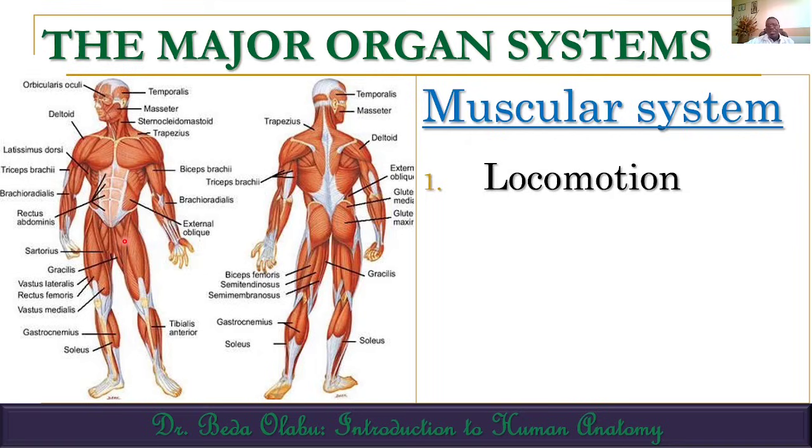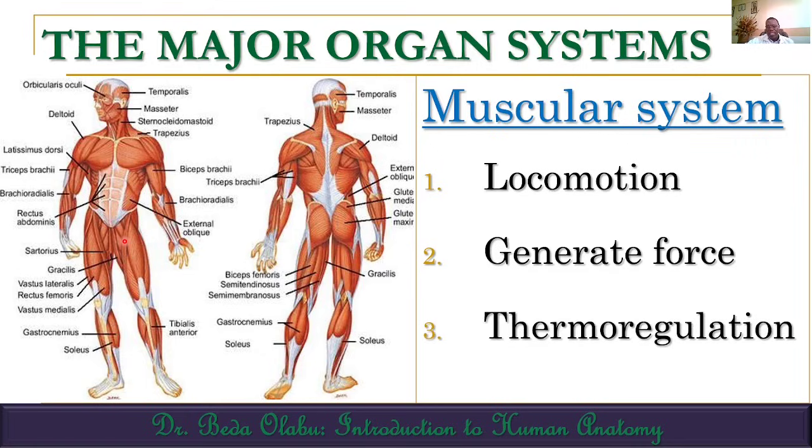We know that muscles are important in movement. So when they contract, they move bones, and the bones move around joints. Apart from that, muscles help us to generate force. If you want to push something, pull something, lift something, or jump, you use your muscles to generate the force you're going to use to perform these activities.